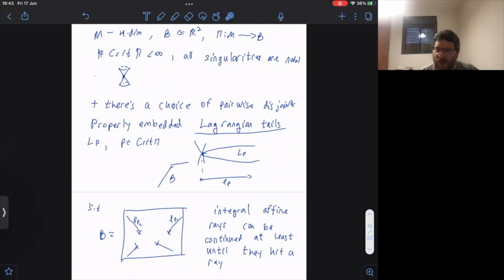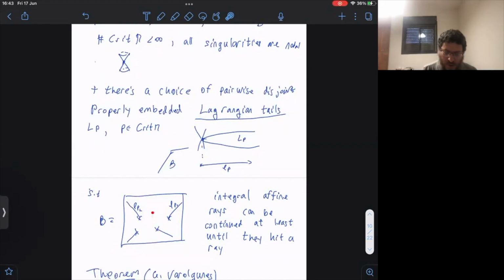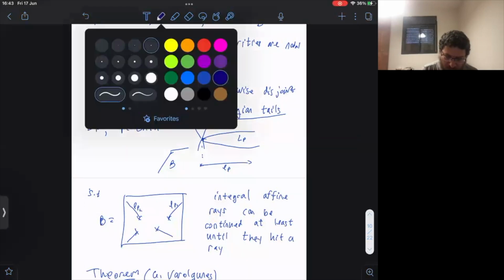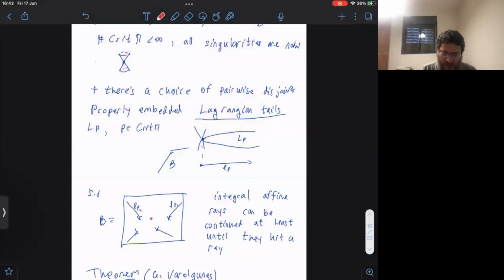So we have this collection of rays in R2, and we make a completeness assumption about this integral affine structure: if we start with a point anywhere and go in any direction, then as long as we don't hit any of these rays, we can continue. So we don't fall off the universe. This is a completeness assumption about this integral affine structure.